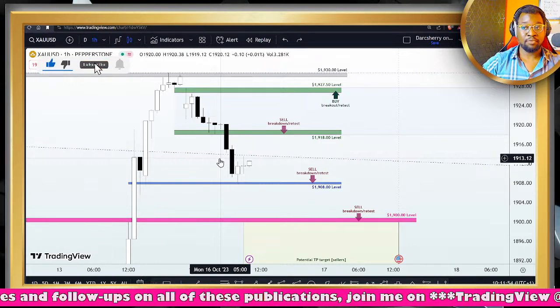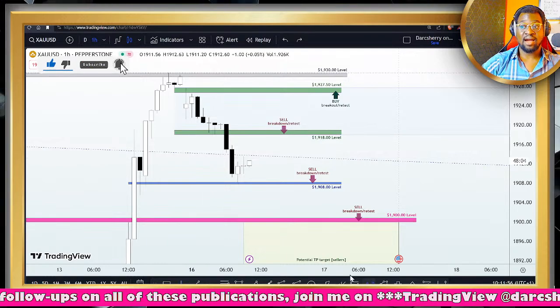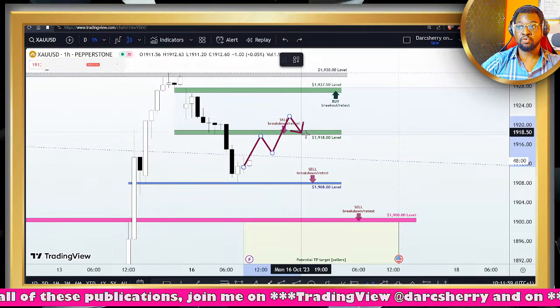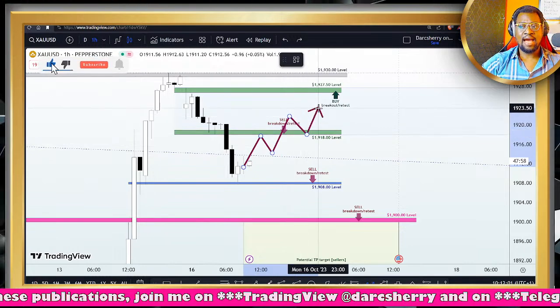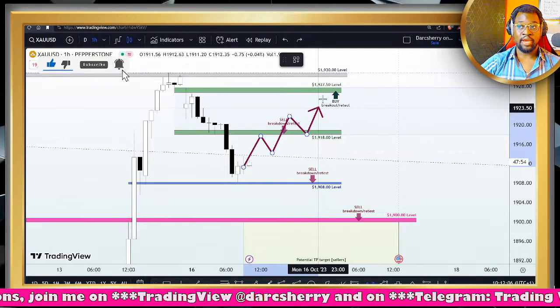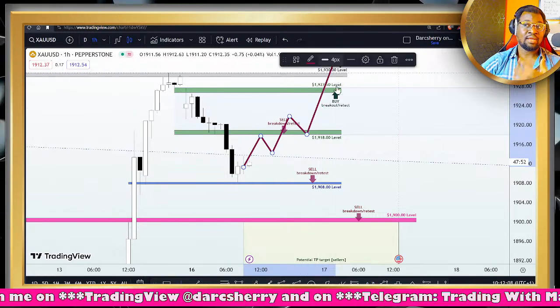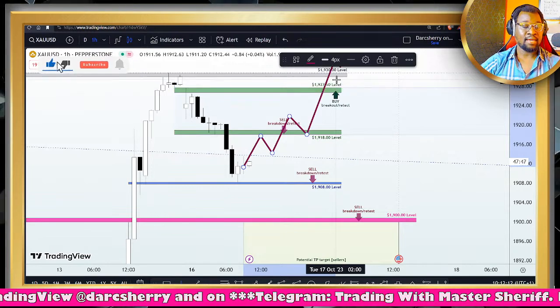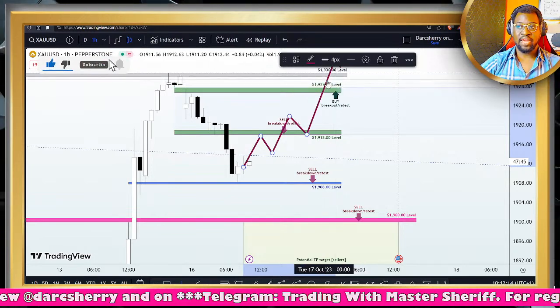And if this happens, we will be seeing something like higher highs and higher lows, something like this, breaking back above the 1,918. And if we begin to see something like this, then we can actually join before the breakout happens. Then we can maximize that move after the breakout happens by adding more buy positions to our existing trade.